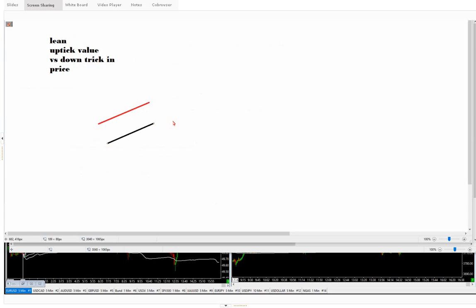Well, the only trade would be to try and buy a pullback, correct? So what happens when this happens here? Based on your narrative, I'll make it go up a little bit so that it's still in line with your narrative. Based on your narrative, are you a buyer?